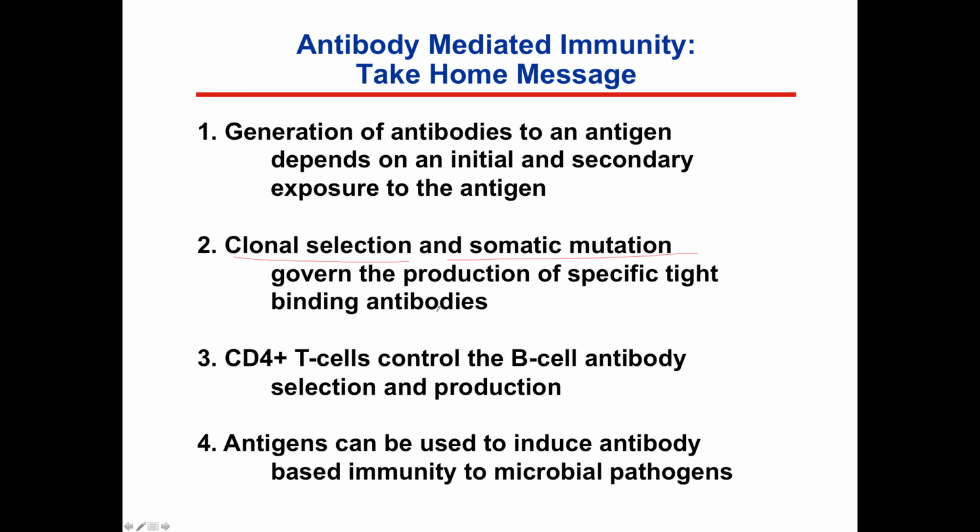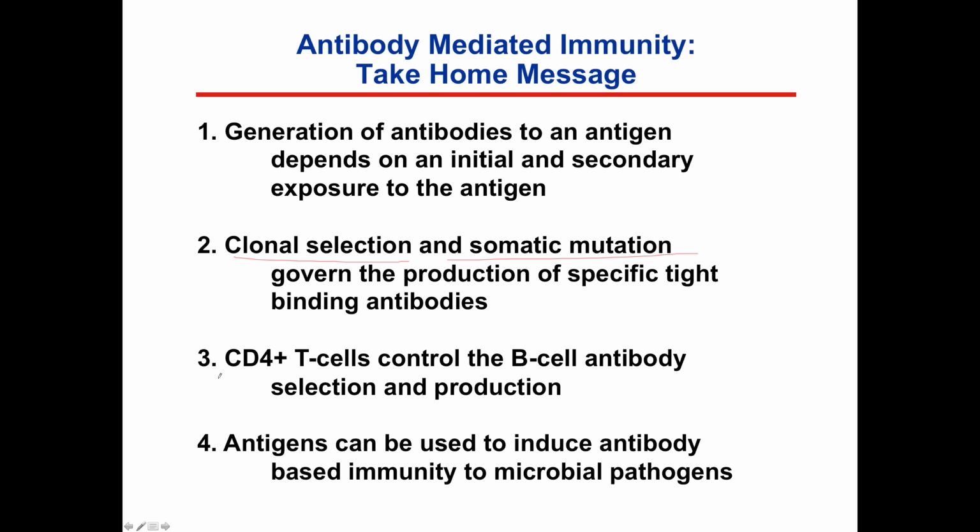This is production of more antibodies in the later stages, which have higher binding affinities. Clonal selection is the initial stage where you're trying to find those B cells, those antibodies that will bind to the antigen, as well as the T cells that have the T cell receptors necessary to bind to the MHC II peptides.